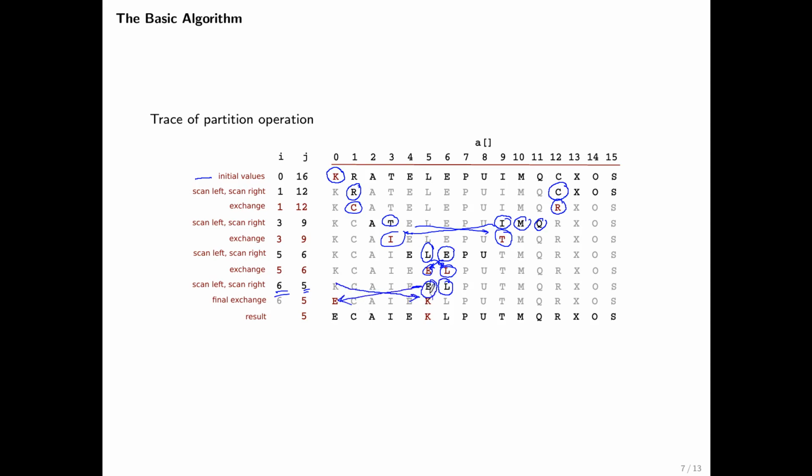That's how the pivot ends up in its final place, in this case at index 5. Notice that all the elements to the left of that pivot are smaller than or equal to the pivot, and all the elements to the right are larger than or equal to the pivot. That's how the partitioning step works.